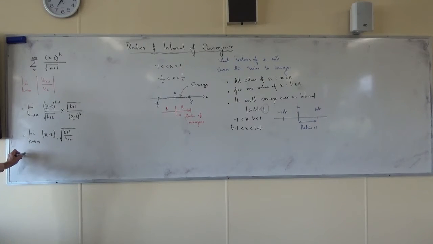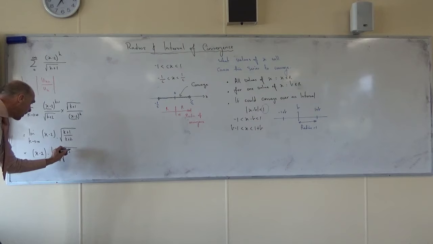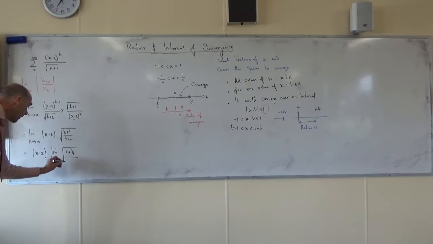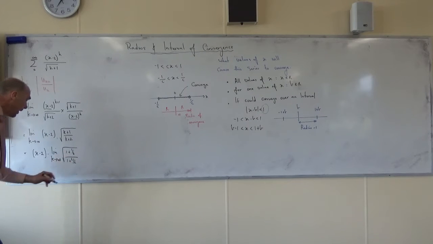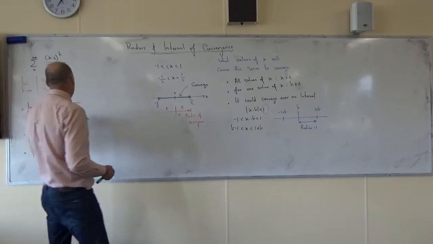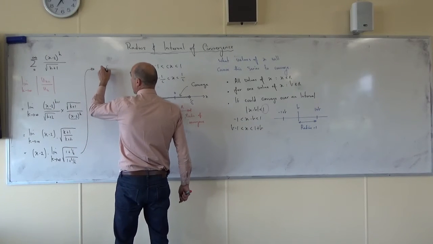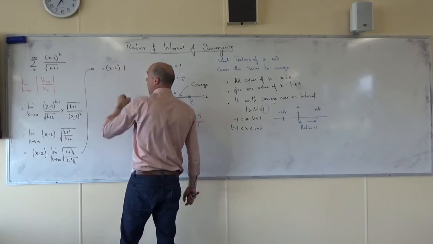So I've got x minus 2 multiplied by the limit as k approaches infinity of 1 plus 1 on k, divided by 1 plus 2 on k. Taking the limit as k approaches infinity, what does this end up to be? 1.